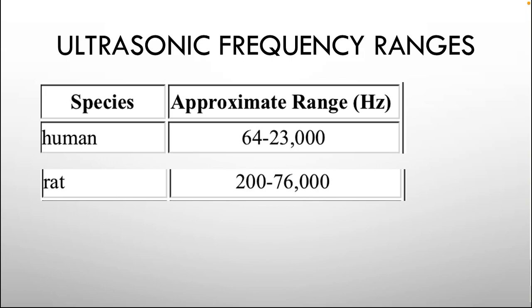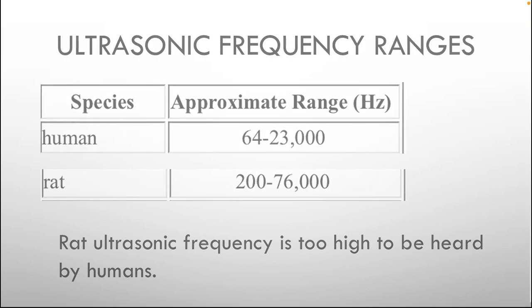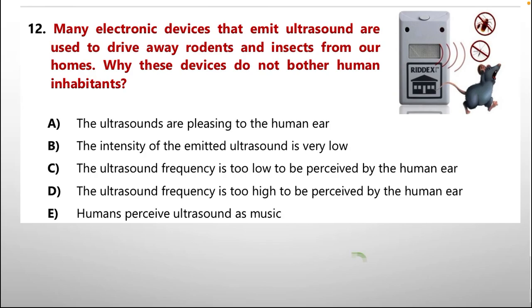So it means that the rat ultrasound frequency is too high to be heard by humans. Beyond 23,000, humans cannot hear any sound frequency. According to this reasoning, option number D is correct. The ultrasound frequency is too high to be perceived by the human ear.